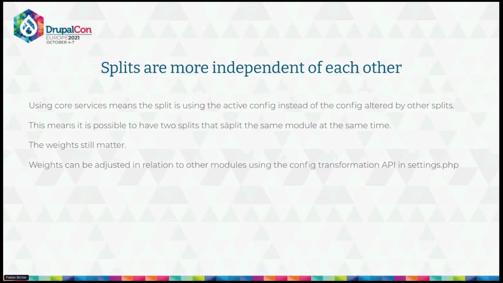And I think it's a good compromise because you set it up in settings.php and you know which splits you have, and you know which other modules you have, and you know what weights they should have. But it's a very advanced feature, and I haven't actually needed it myself.